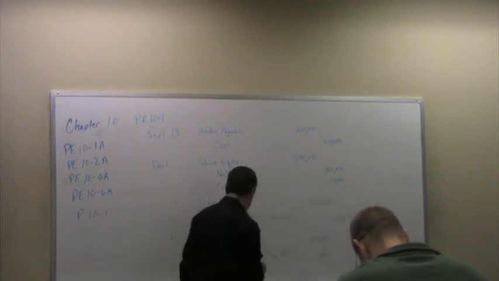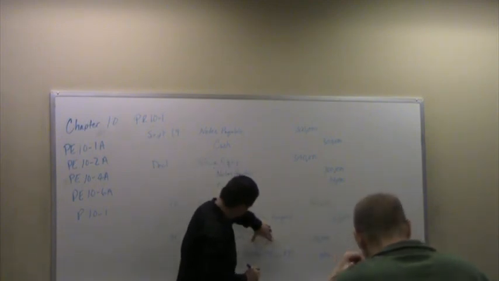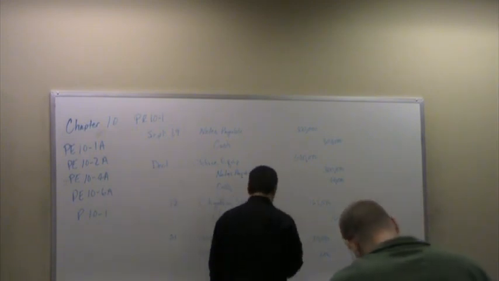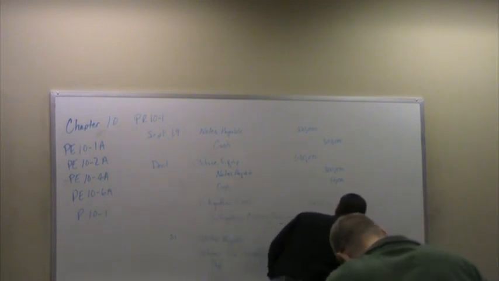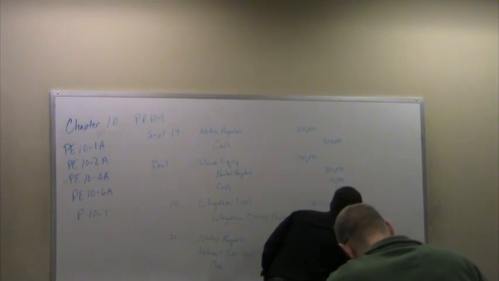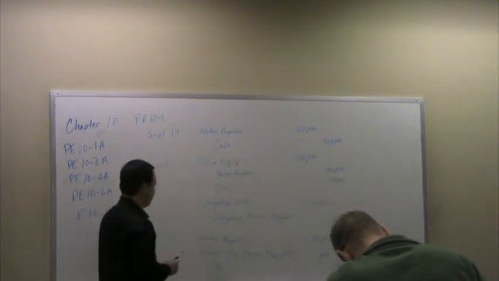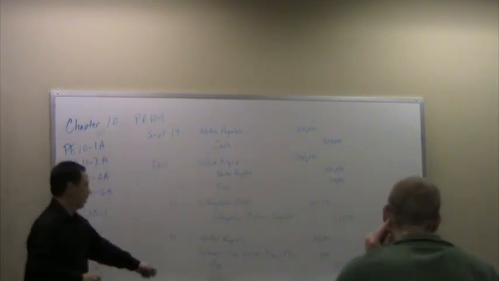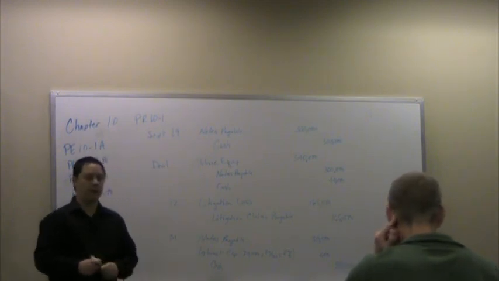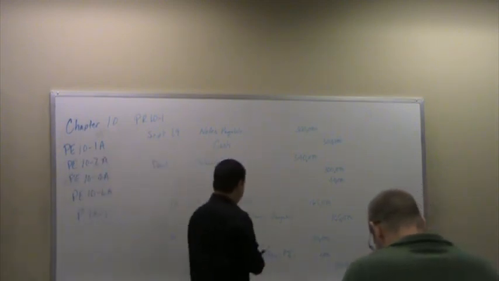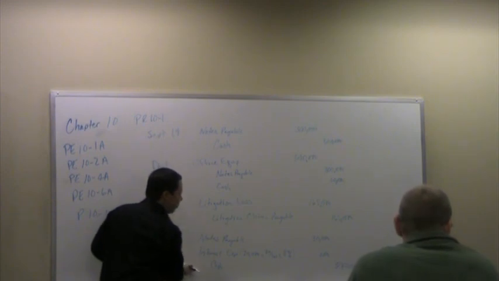All right. It's 240. Okay. And that will give us what we're going to pay out, which is 30,200. That's what we'll pay.